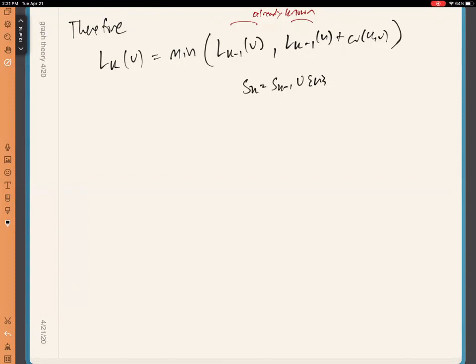And so you can see from this equation that it illustrates the recursive structure of the problem. I'm updating my labels using information about labels from the previous step in a recursive manner, and so this is also an example of this dynamic programming principle. If you know anything about that, you don't have to for this class, of course.